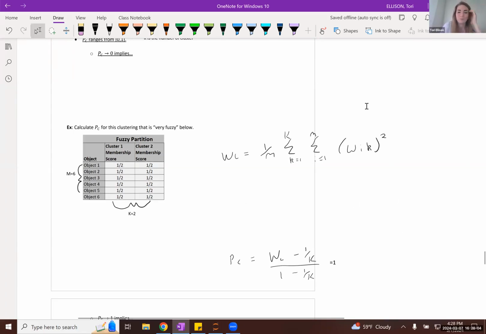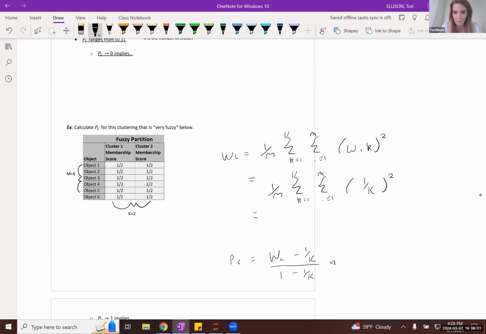So if we have a completely fuzzy clustering membership matrix such as this, what we would end up getting for this WC value is simply a value in which every single one of these cluster membership weights would be 1 over k, the number of clusters.